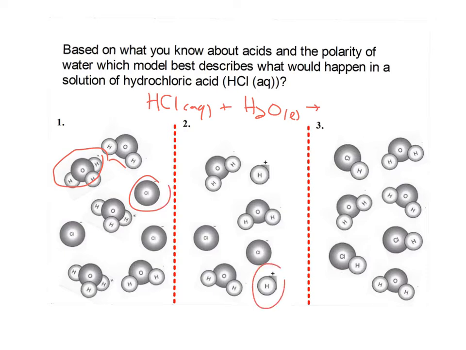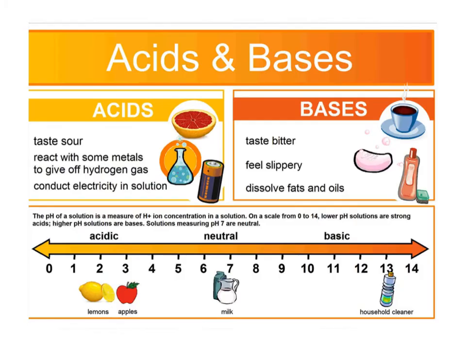Here we have H+ ions and Cl-, and then here we have HCl just staying together in H2O. So which of those three options do you think is the most appropriate description of what happens when HCl is placed in water? And maybe you can come back to that answer after the next couple of minutes.